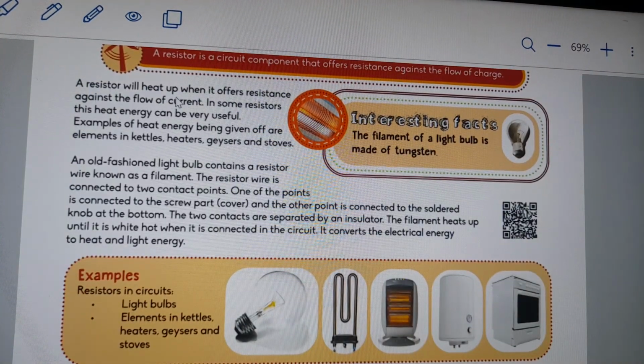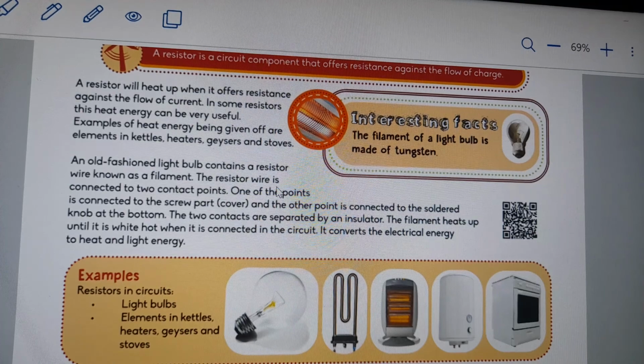A resistor will heat up when it offers resistance against the flow of current. In some resistors, this heat energy can be very useful. Examples of heat energy being given off are elements in the kettle, heaters, geysers, and stoves. Okay. An old-fashioned light bulb contains a resistor wire known as a filament. That thing.